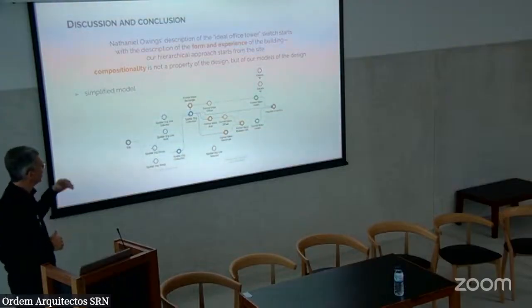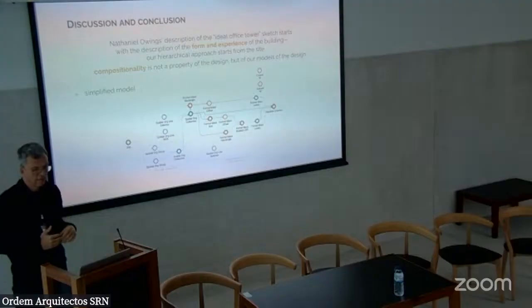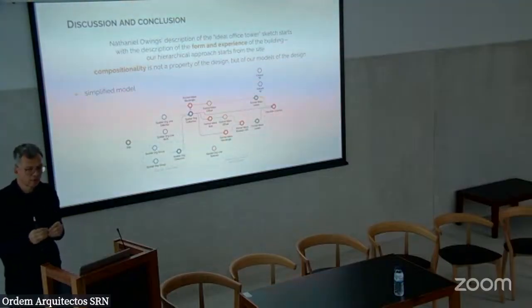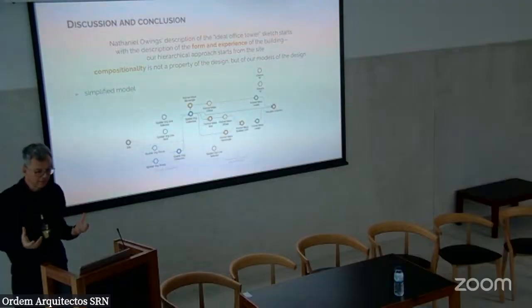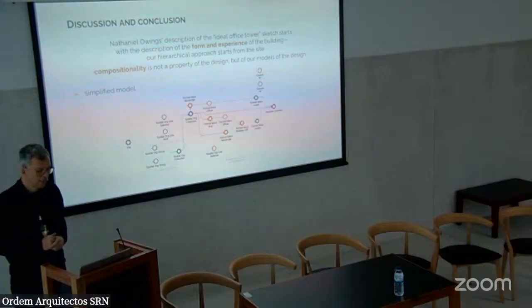But the idea is that we can use AI to generate the Lever House. But if the result is just the Lever House and it doesn't embed the design logic, it's a black box, then it's not very useful.